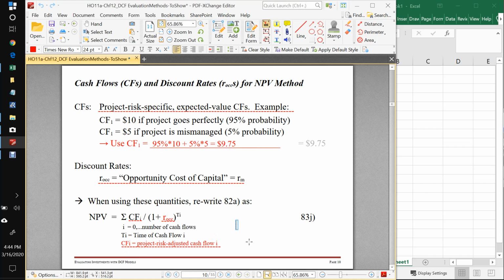Otherwise, the NPV equation is unchanged here. So this is the way we're going to be using it for the rest of the chapter and the rest of the term, and for those of you going on in finance, for the rest of your life in finance.